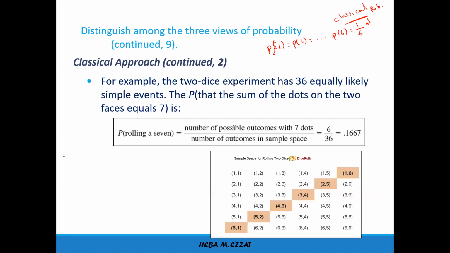Pay close attention to the part I'm about to say. According to the observed or the empirical outcome, what was the probability of 1? 1/6? 1/10? It didn't come up even once, so it's 0.